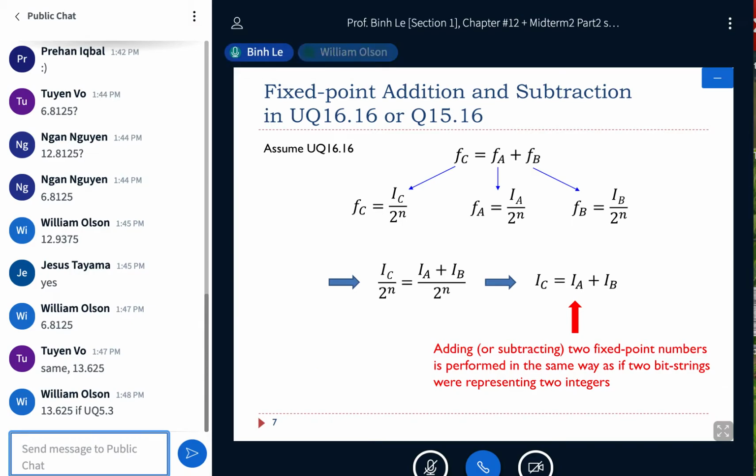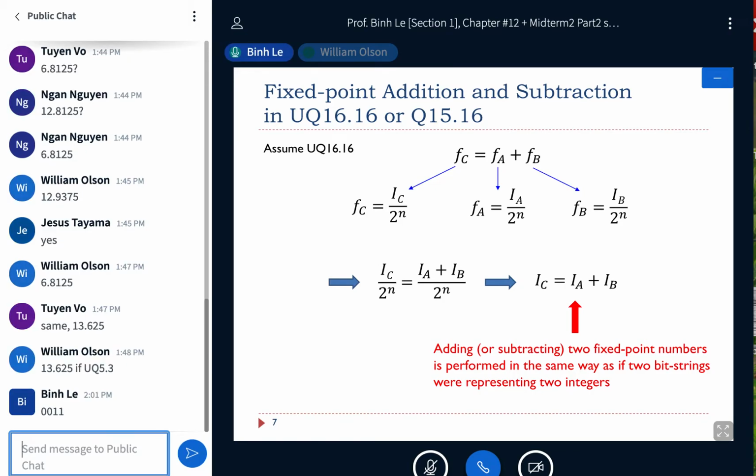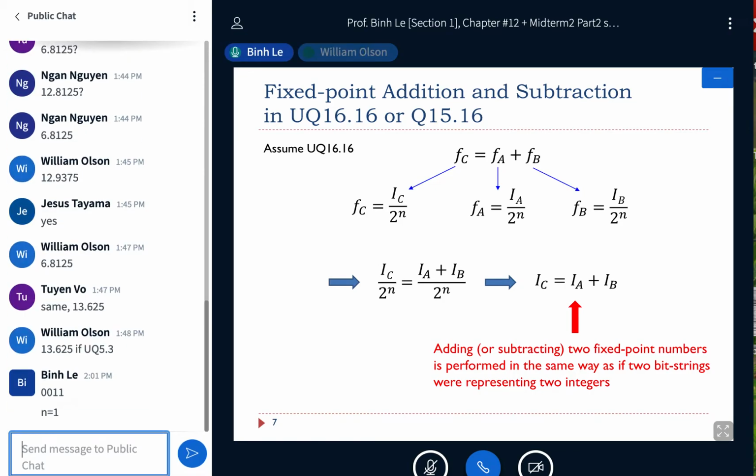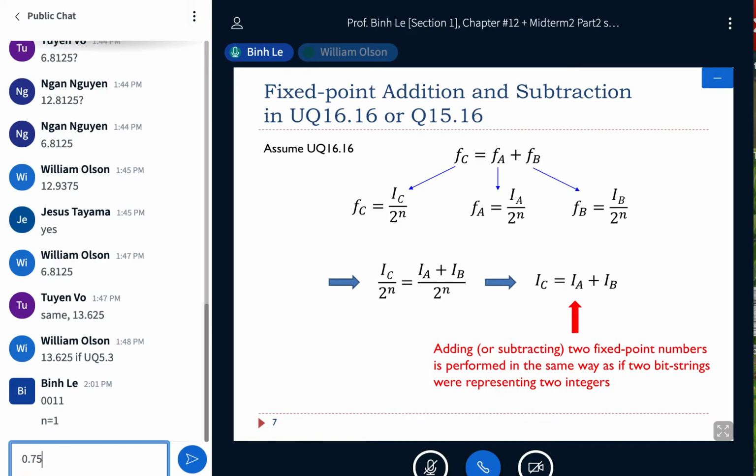The binary number that I want to have is that. And I tell you n equal to 1. So basically, I use 1 bit for the fraction, and then 3 bits for the integer part. So what real number is that I want? I'm using the format Q3.1.